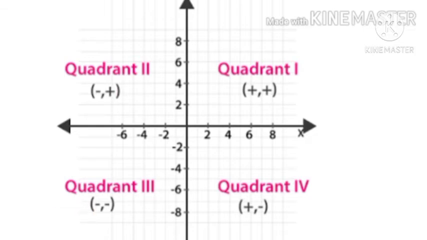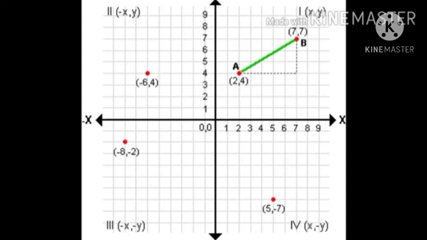It's quite simple. Now let us learn how to find the coordinates if we have any point on any quadrant. Let me take 2 points in the first quadrant that you can see, A and B. You already know how to find the coordinates, but I'll explain. Quite simple.